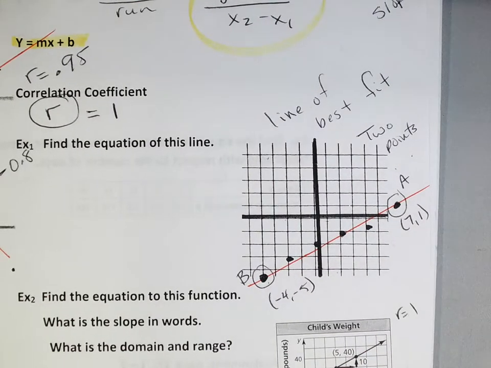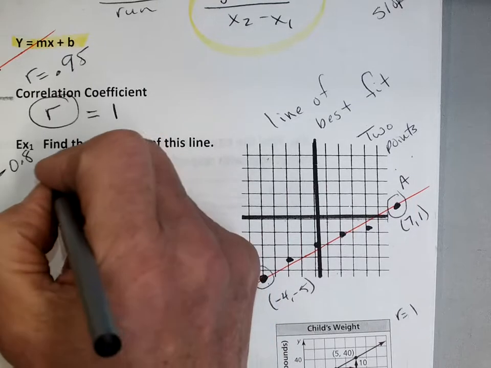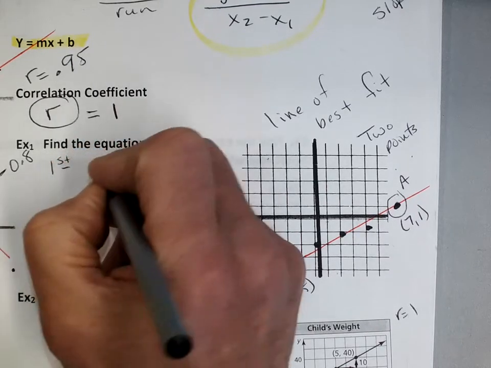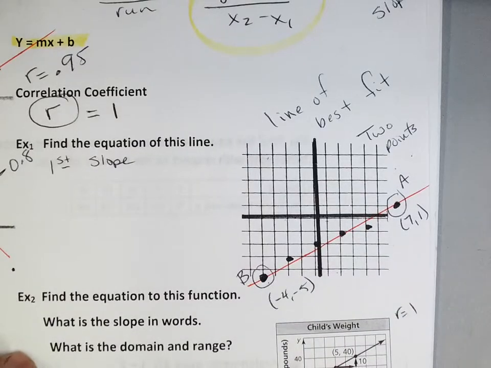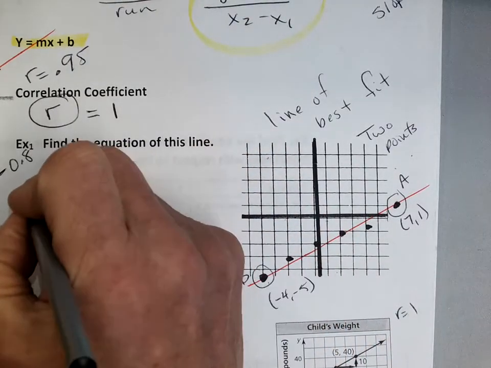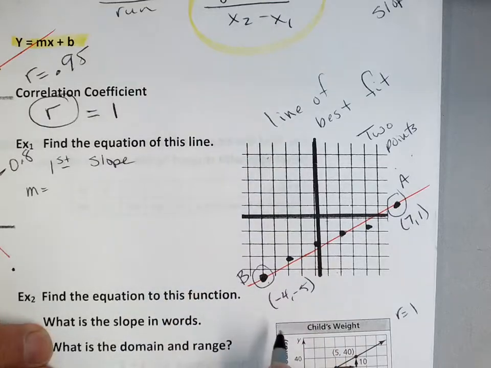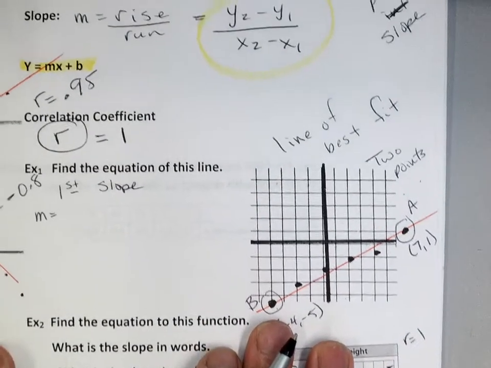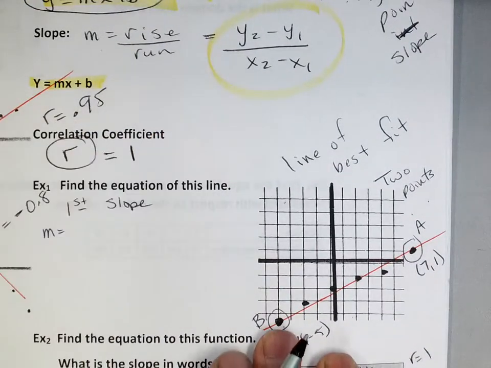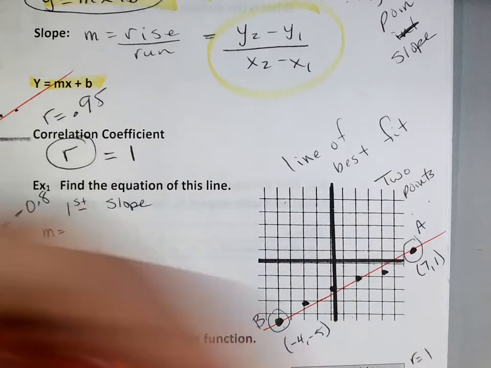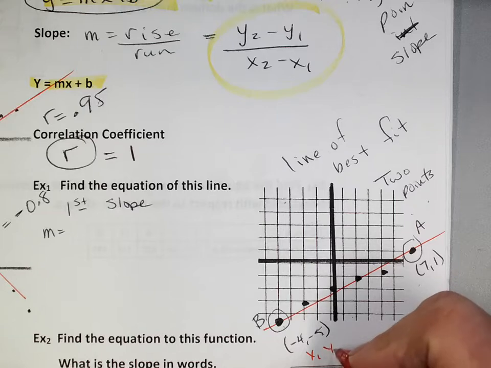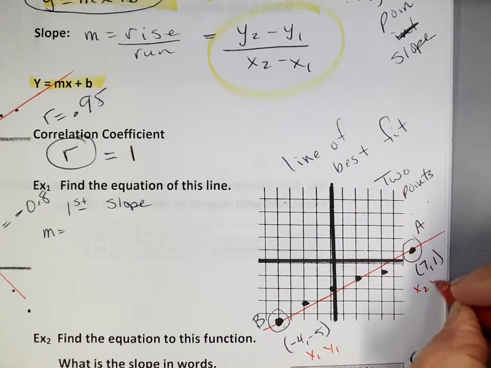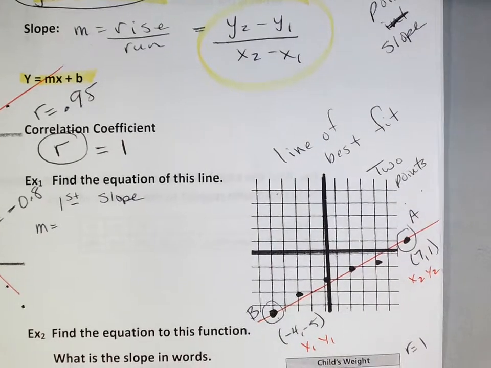So to find the equation of the line, first, let's find the slope. All right. M is equal to, let's see, my formula is right there, right? So if I call this x1, y1, I call this x2, y2, I can use my slope formula.